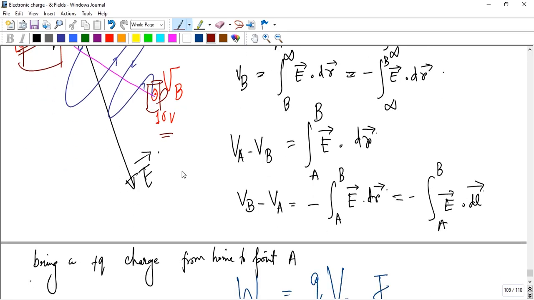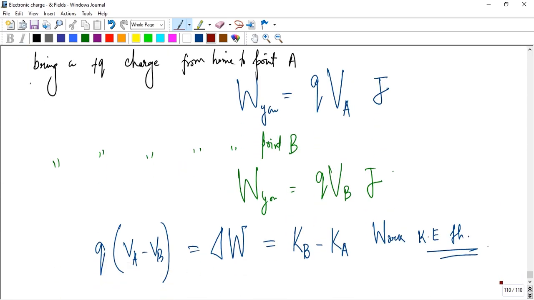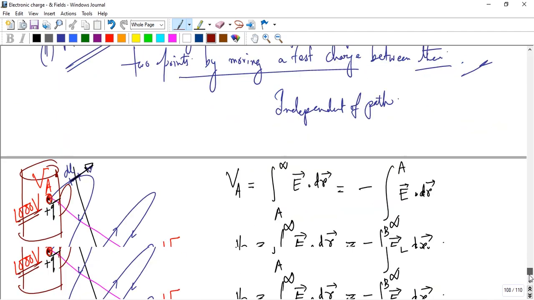From Gauss's law we know that, first copy the diagram.